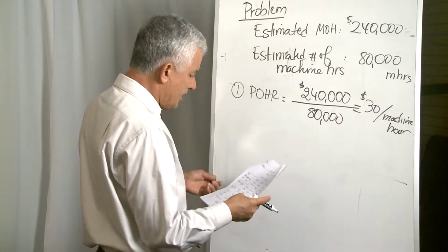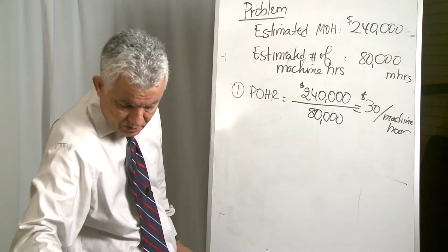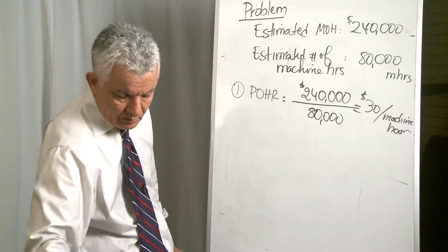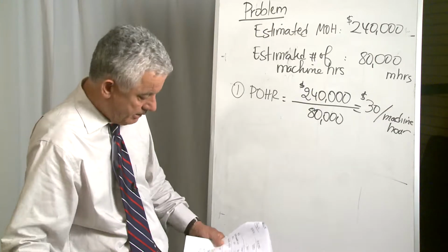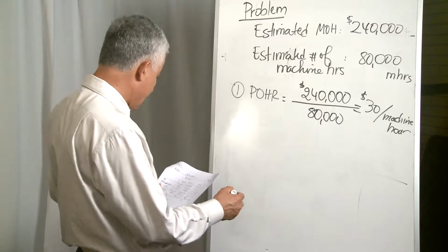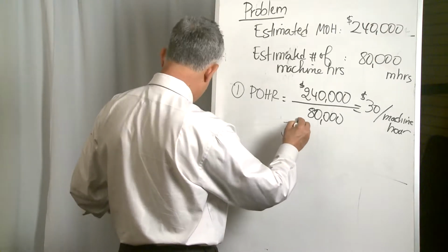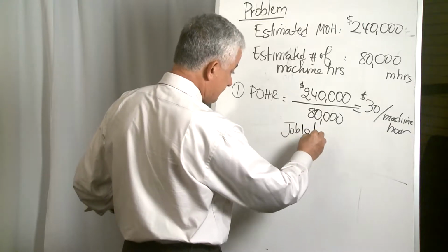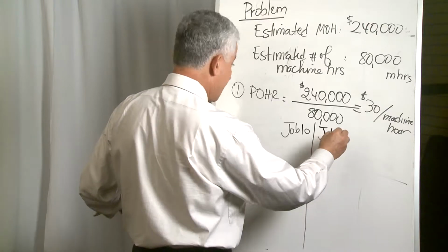Now, the following question is to determine the total cost associated with each job. So let's do it. The total cost allocated to each job. So we have job 10, job 11, and job 12.